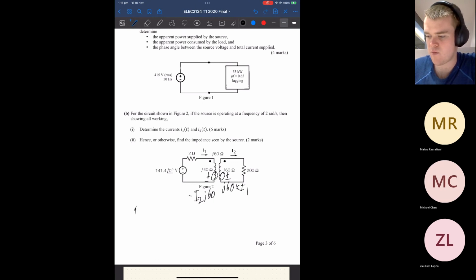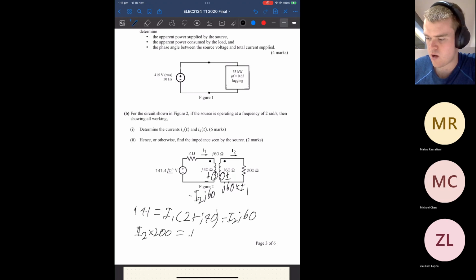Okay, so then you're just going to have 141 is equal to I1 flowing through this 2 plus j40 minus I2 j60. And then you look at the other one. Then we're going to have our I2 times 200, also across that, is equal to the voltage gained along there.